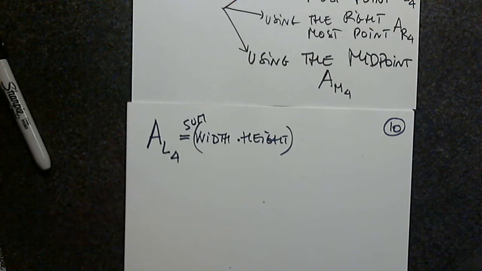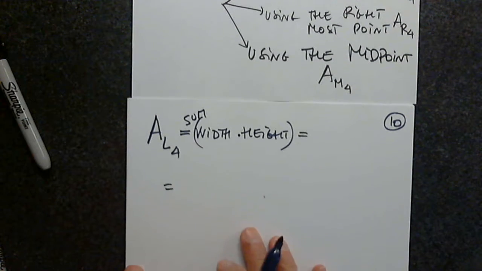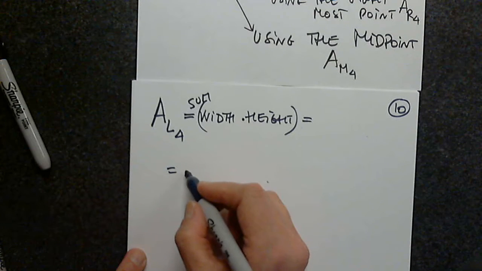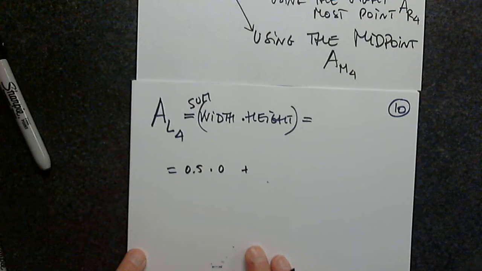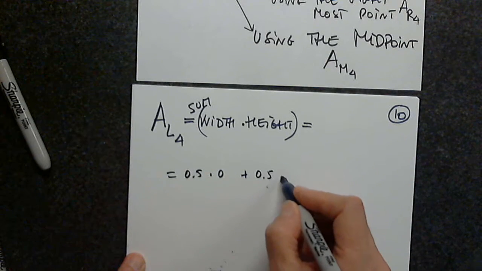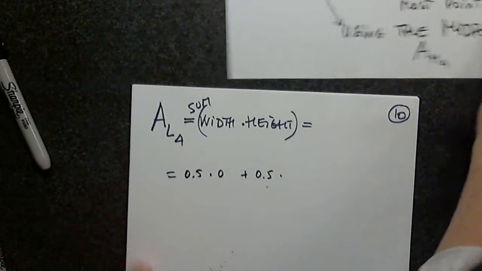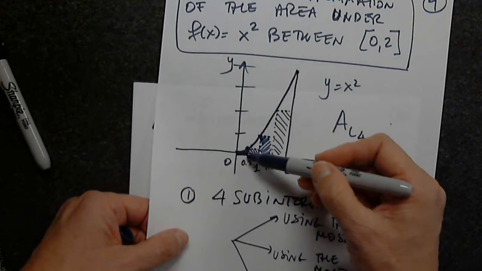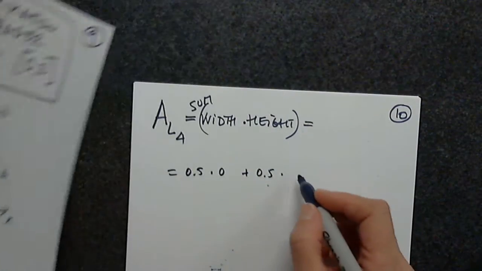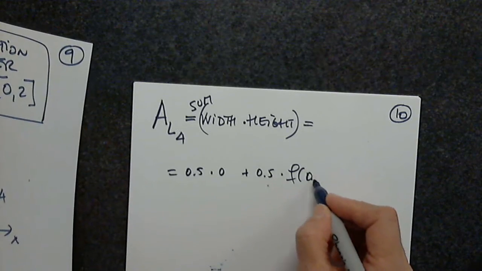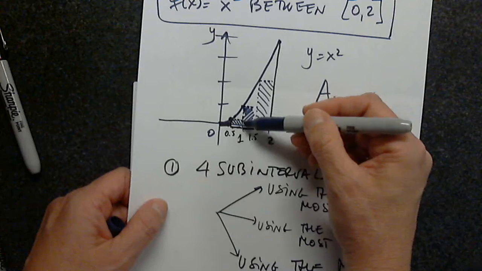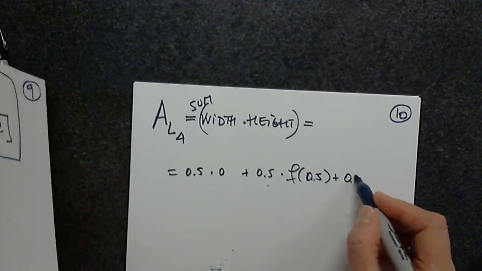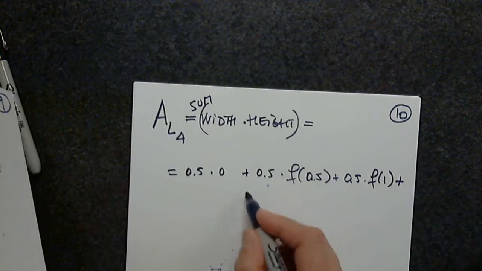Sum of width times height. Okay, so here's the first one. Base, 0.5, times the height, 0, plus base, 0.5, times the height. But the height is f of 0.5. So f of 0.5 plus. The next subinterval, the height is f of 1. So plus the base times f of 1 plus.